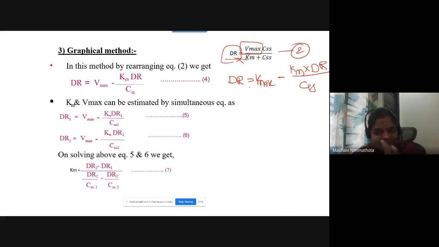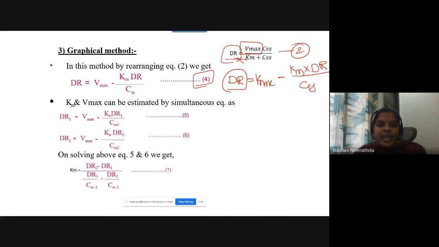See, it is a very simple equation. So then your DR is equal to Vmax minus Km into DR by CSS. So this is the fourth equation. Equation numbers are also important.